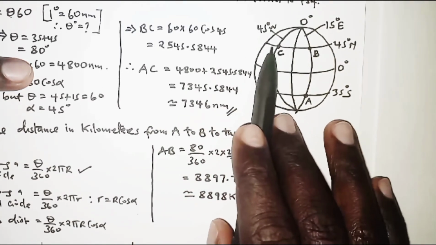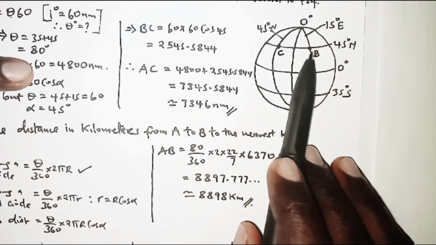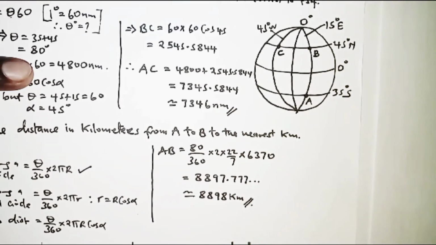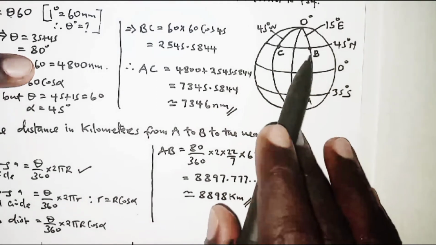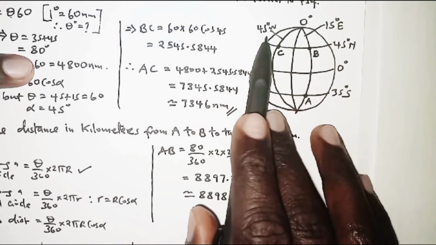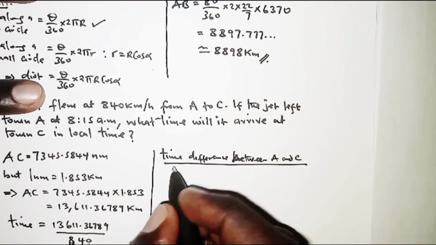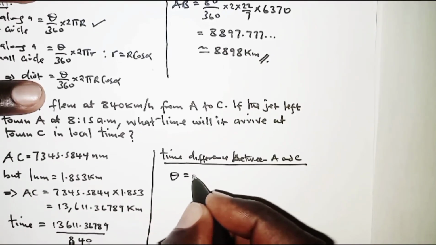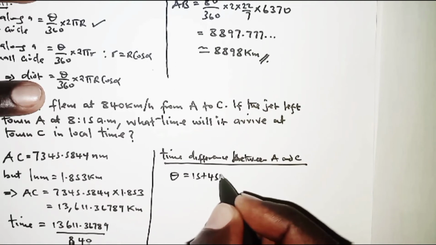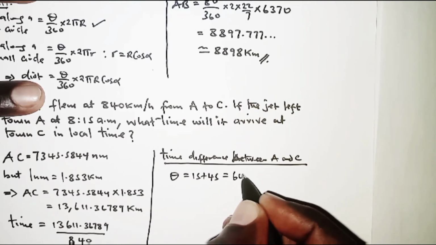And the angle difference between the two longitudes would determine also the time difference. So the angle difference we had gotten as 15 plus 45. So theta is equal to 15 plus 45 degrees, and that is 60 degrees.